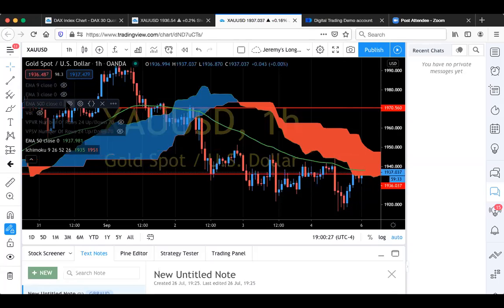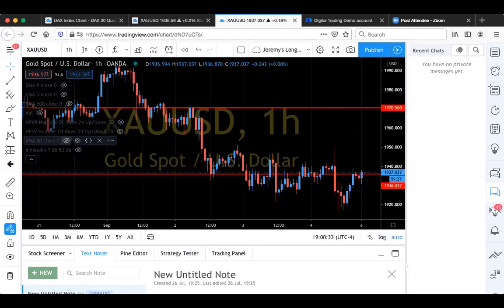Let's say I wanted to use indicators in the future. How do you distinguish which lines are going to be your 50-yard line and stuff like that? Well, when you add indicators, all you do is go up to the gold spot or whatever pair you're on.